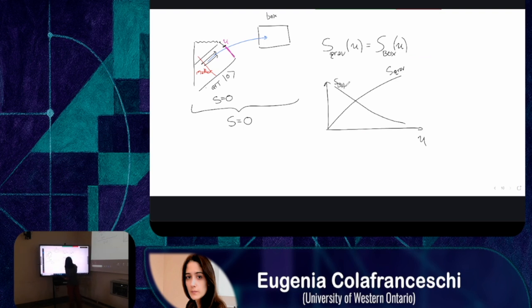So there is a point, which is called the Page time, in which the entropy of the radiation is equal to the Bekenstein-Hawking entropy. And what is the tension here?